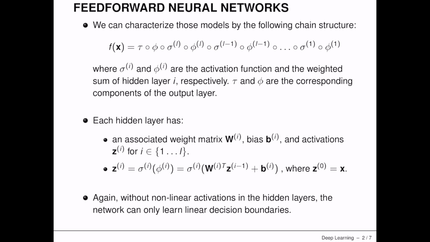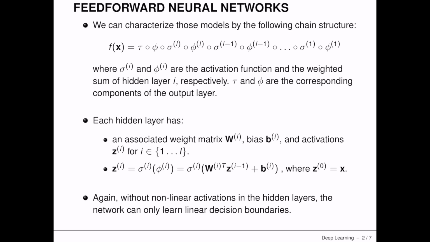Finally, we have the weighted sum of the last hidden layer and the activation function of the output layer. So such a neural network is a very nested function made out of a lot of elements, but all these elements are simple. It's just a sequence of, in an alternate fashion, applying a weighted sum and an activation function.